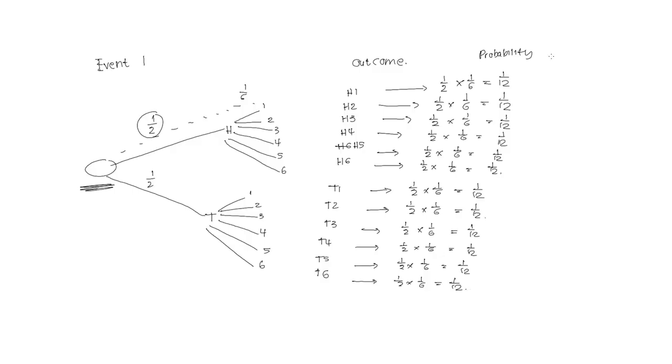We can verify this probability by the fact that if we take a half along the branch multiplied by a 1/6 along the subsequent branches, for each of the outcomes we will get 1/12.